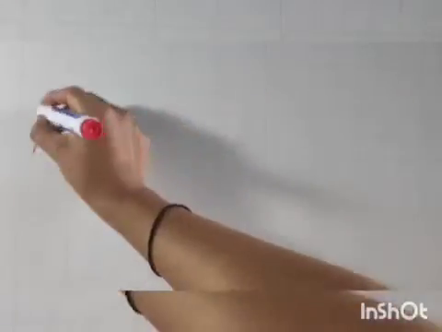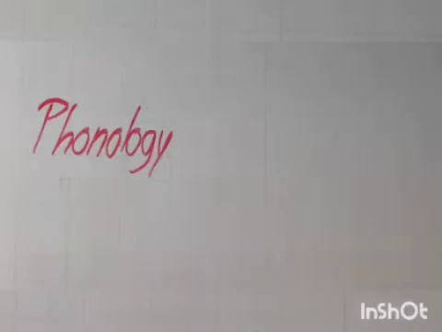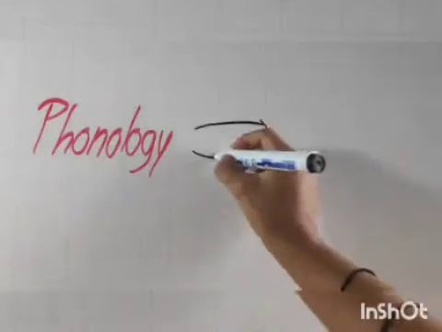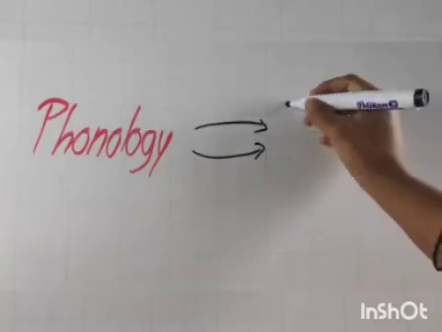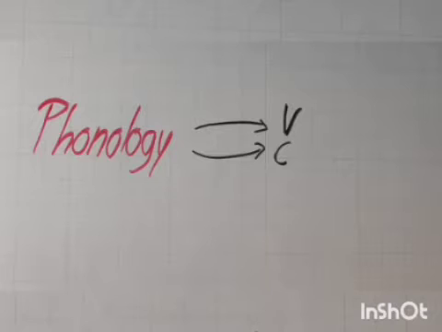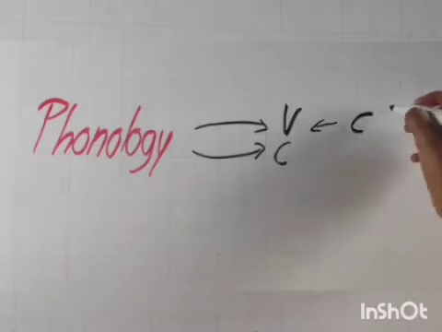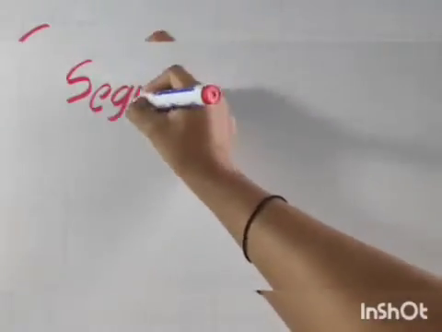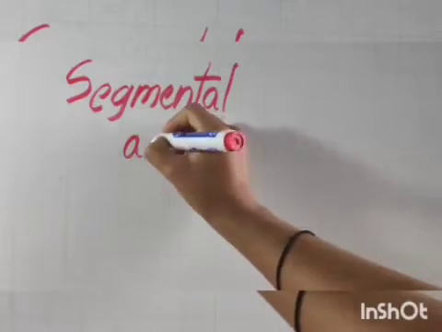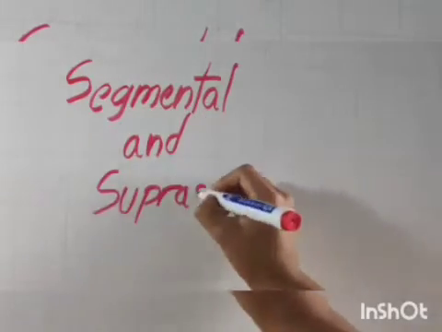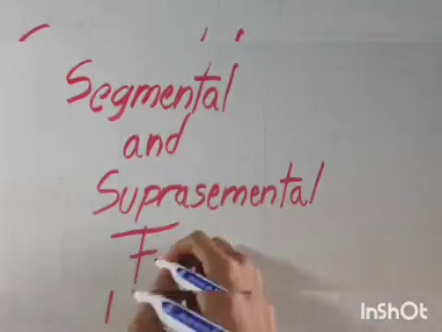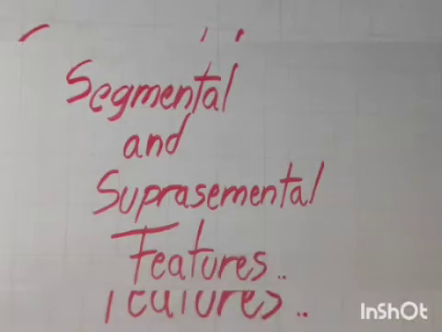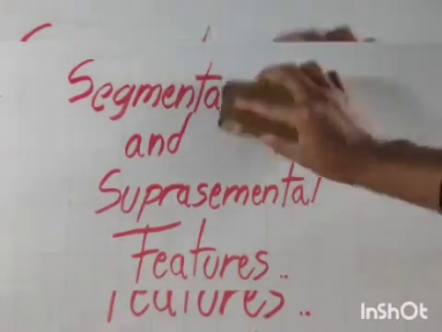As you know, guys, phonology is the study of vowel or consonant sounds that are sometimes affected by a consonant or a vowel in the same way. So, we have created something called segmental and suprasegmental features of English, or in this case of the sounds. But in this video, let's talk just about suprasegmental features, okay?